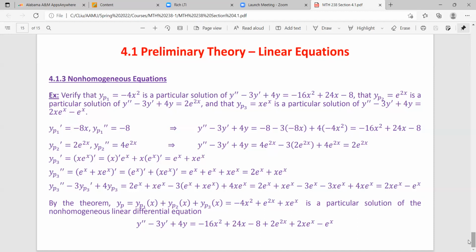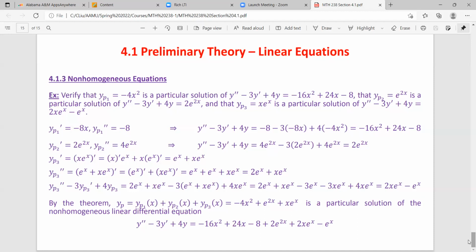So we have three differential equations and three particular solutions corresponding to each one. But note that the left-hand side of the differential equation is always the same: y double prime minus 3y prime plus 4y.